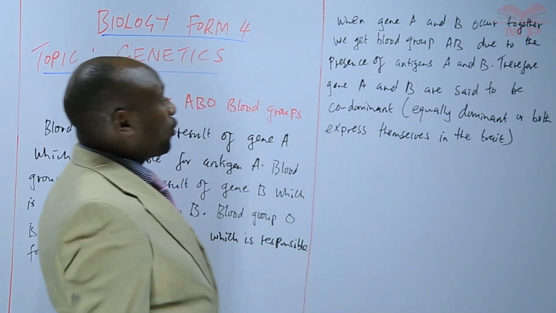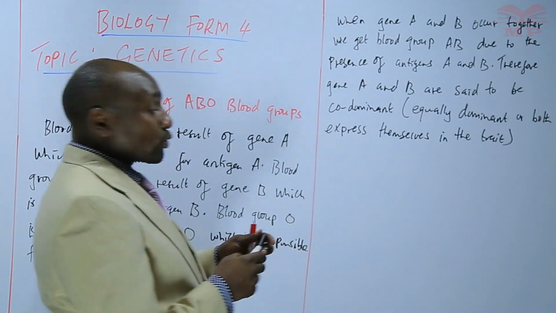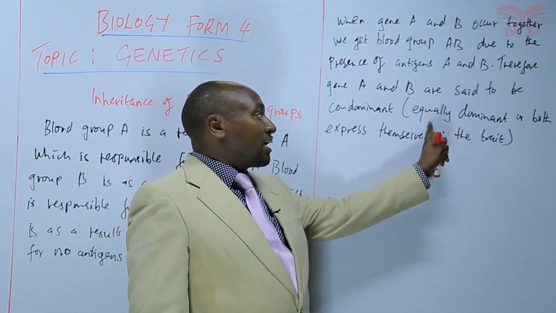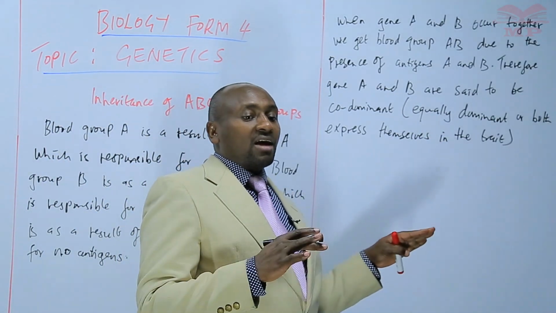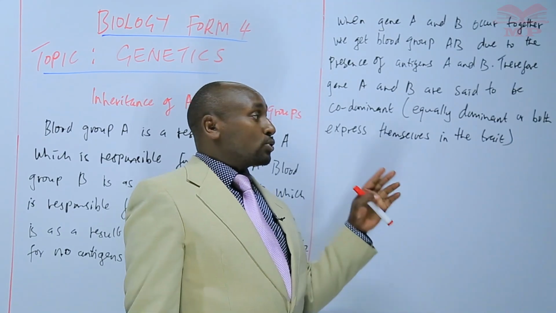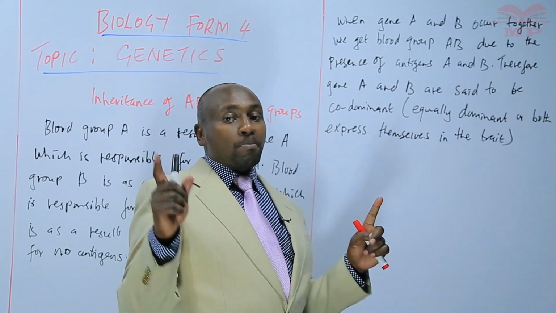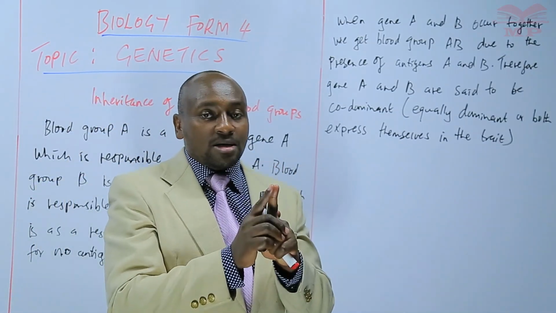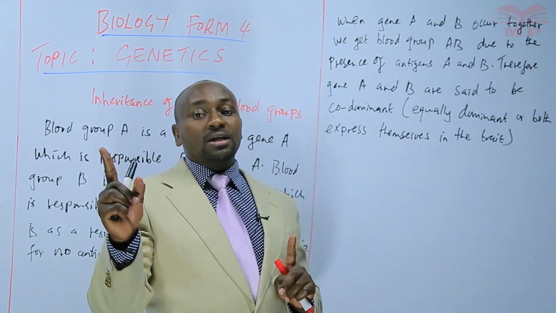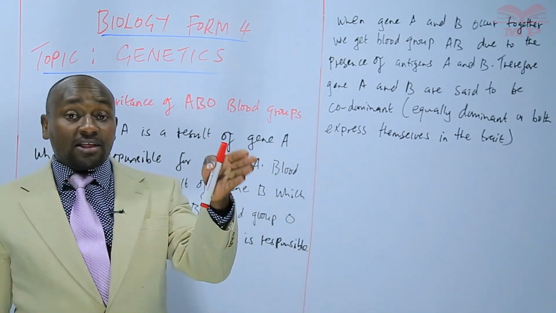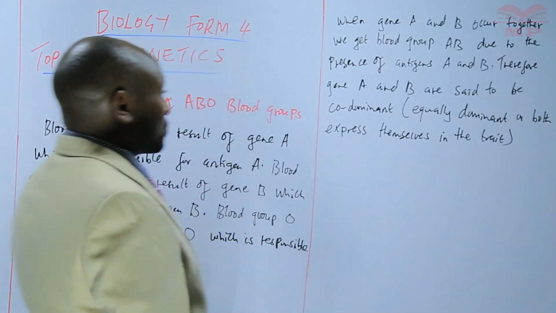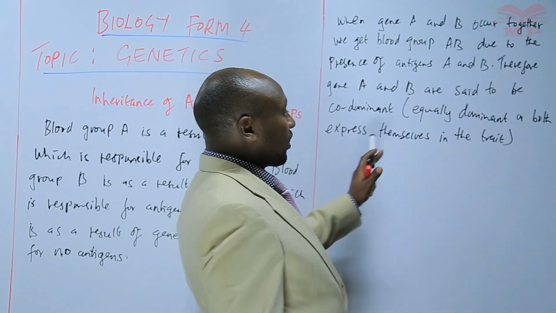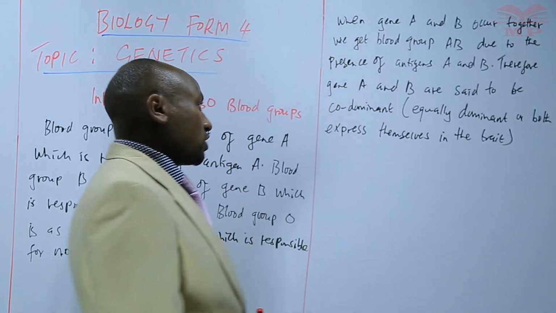So codominance means a situation whereby we have two genes that are both expressing themselves. They are equally dominant. It's like they have equal strength. So if you have blood group A, you have gene A. You have blood group B, you have gene B. When the two come together, you get blood group AB. So both gene A and gene B are expressing themselves in the trait of the blood group.